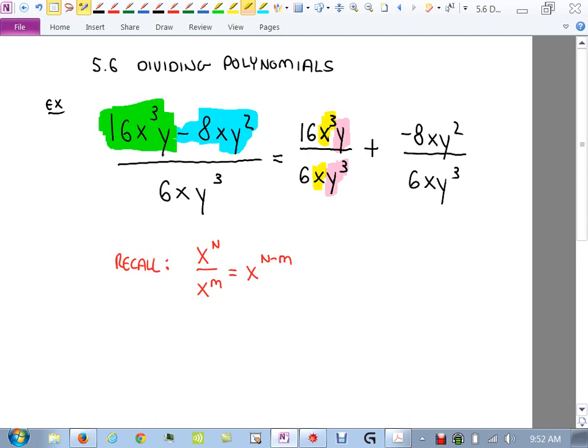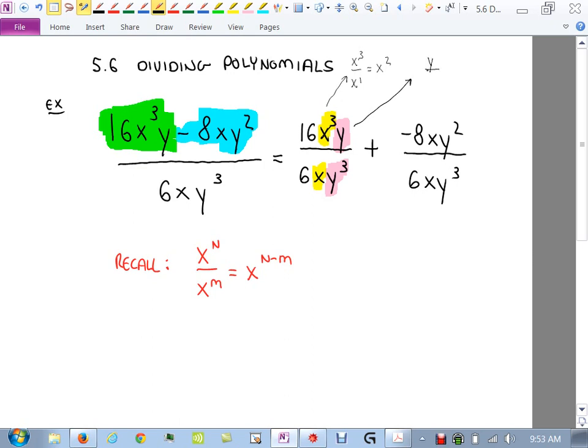Okay, so let's just do those right above them. Let's just figure out what those are. What's x cubed over x? It's x squared, right? Because you go 3 minus 1. It's x squared. Is that all right with everyone? What about this one?